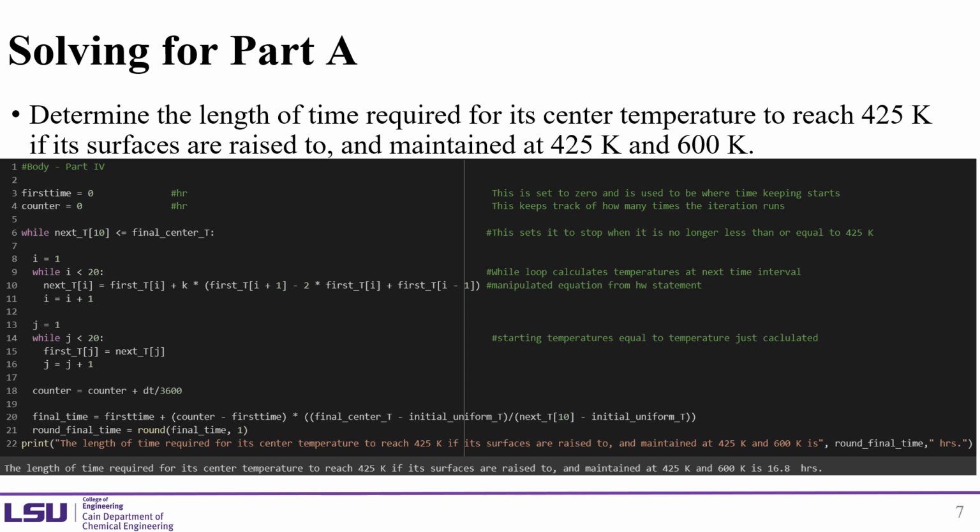The next loop calculates the temperature at the next time interval, and the final loop sets the starting temperature to be equal to the next T, so when the loop starts over, it can begin with the next value. The counter is set to keep track of the number of iterations to use in the final equation, and the last 2 equations solve for the amount of time, and we end up finding that our answer is 16.8 hours.